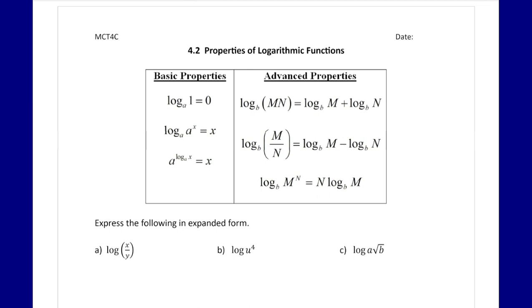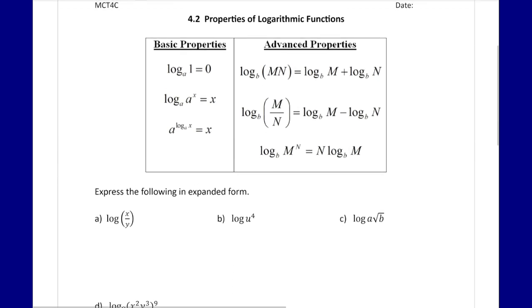Same thing with division: we can split it up into subtraction. And if we have the log base b of m to the power of n, this n can come in front. So we drop the n in front. We just want to use these different properties to help us expand or rewrite some of our logarithms.